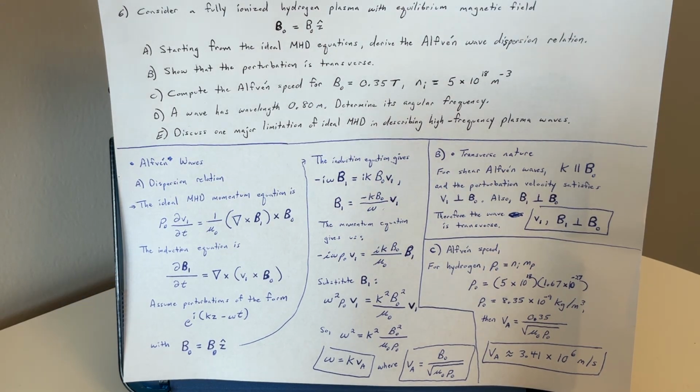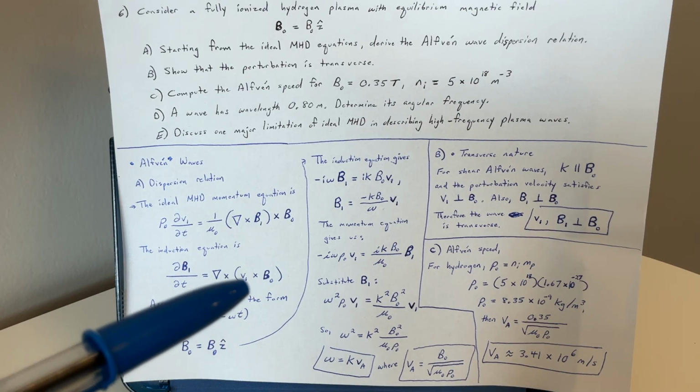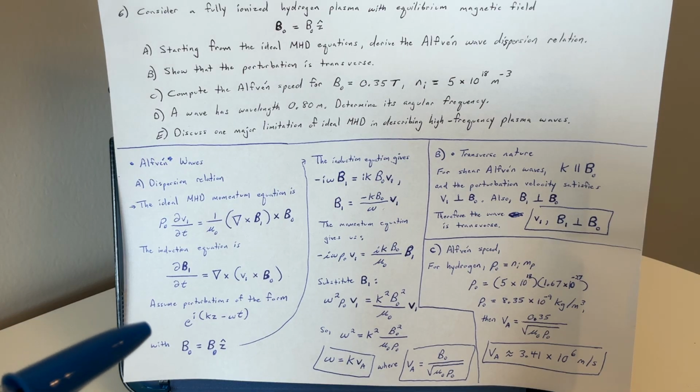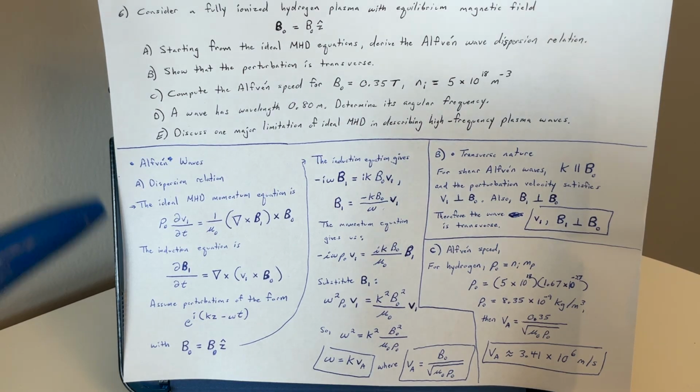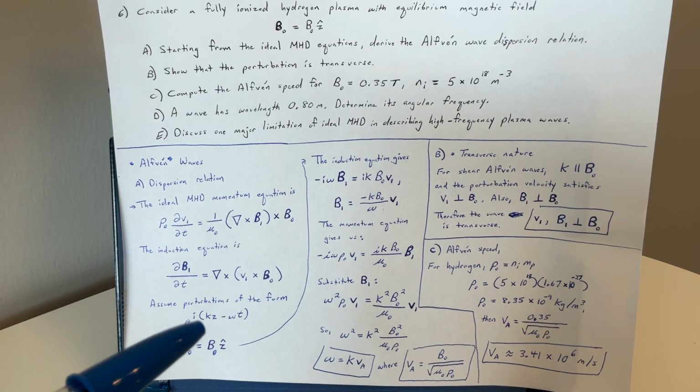The induction equation is the partial derivative dB sub 1/dt equals del crossed with the cross product of V sub 1 and B naught. Here we're going to assume the perturbations are of the form e to the i(kz minus wt), with B naught equals B naught z hat.